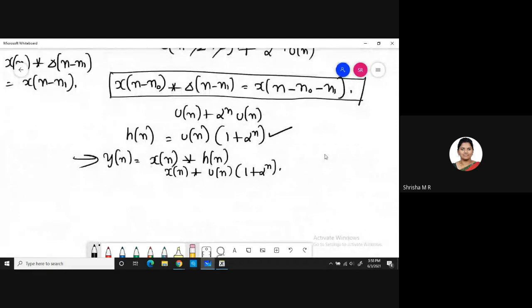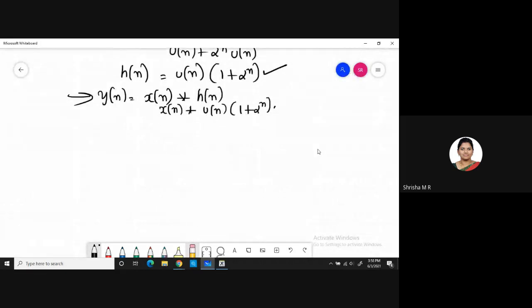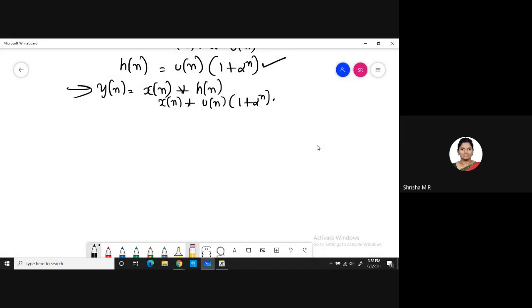Differential equations, we will solve later. Before that, we have a topic in Unit 3. Till here, clear everyone? Do you have any doubts till here?